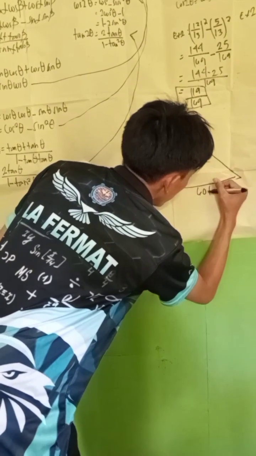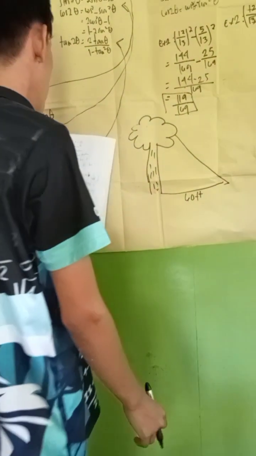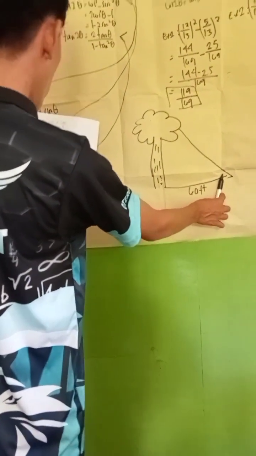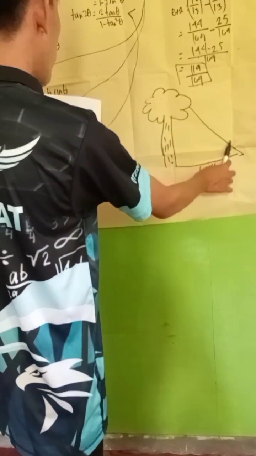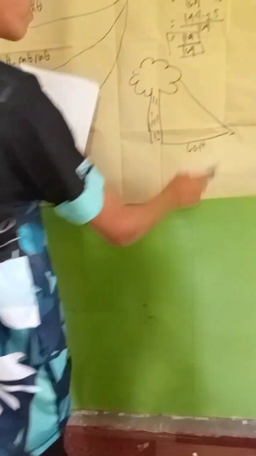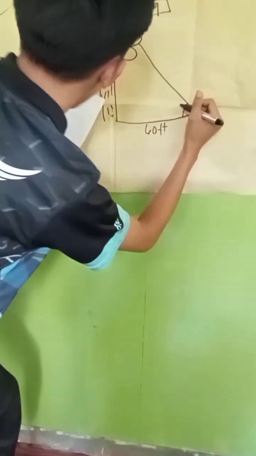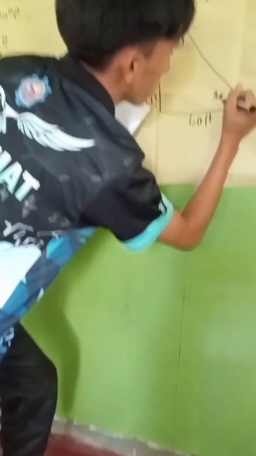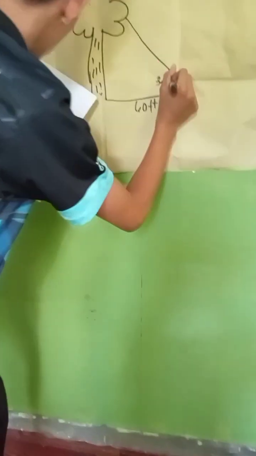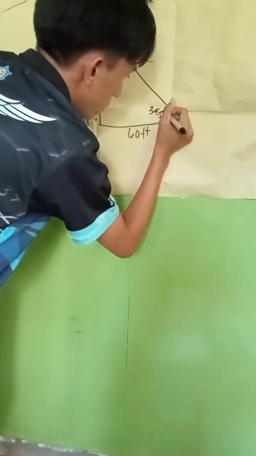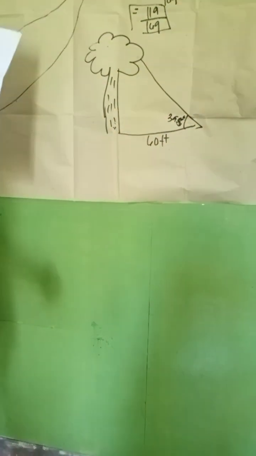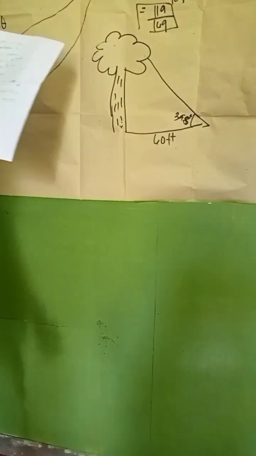This is 60 feet. And then the angle of elevation from the end of the shadow to the top of the tree is 39.8. So this is the 39.8. This is our angle of elevation. And then the question is, how high is the tree?